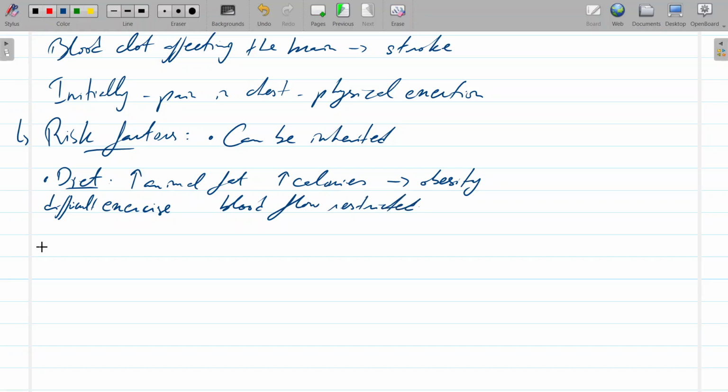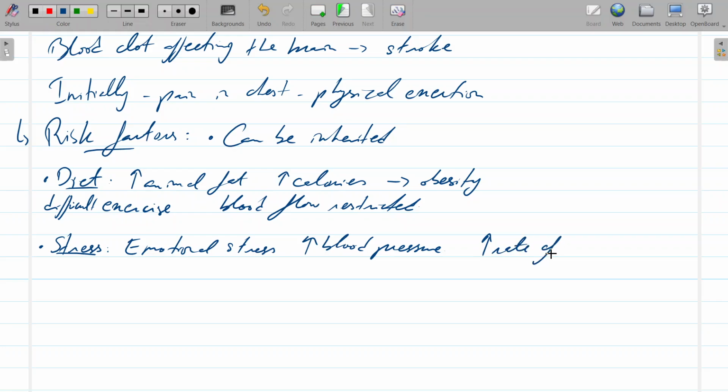Then there's stress, and emotional stress leads to higher blood pressure, and that may increase the rate at which atheromas are formed. Atheroma formation.